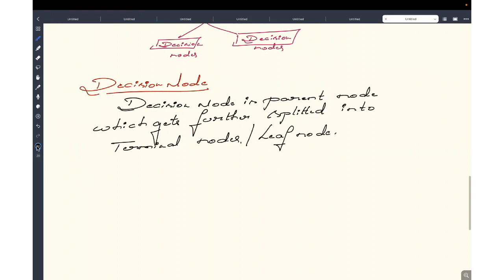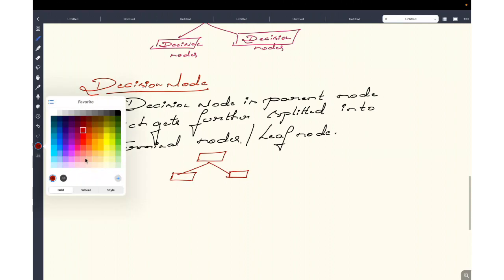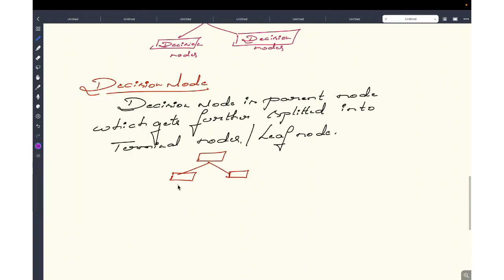Okay. So you'll have a main node, which is a root node. That root node will get split into decision nodes. And again, that decision node is going to get split into terminal nodes. You can see the different levels. So this is the root node. This is a decision node.